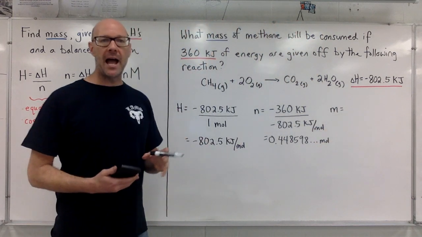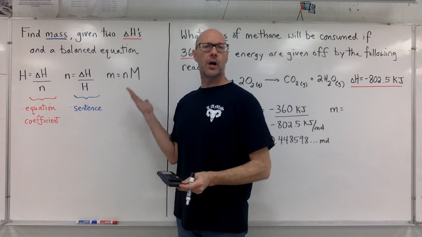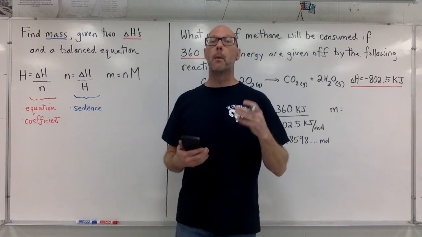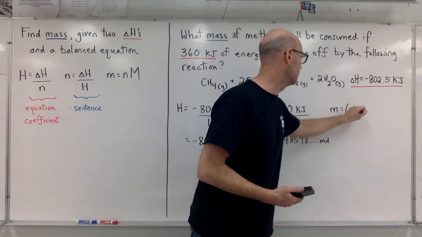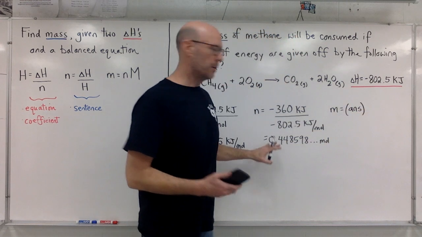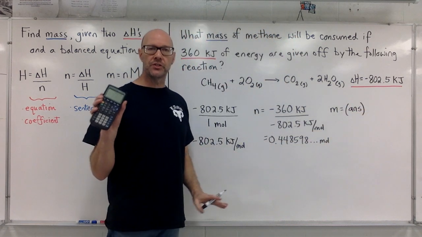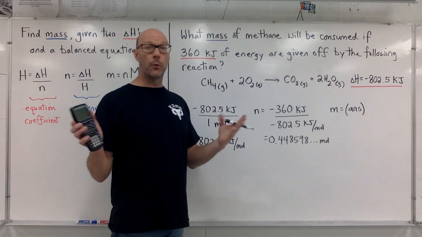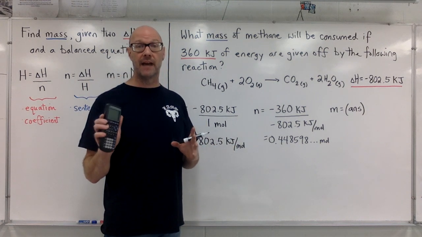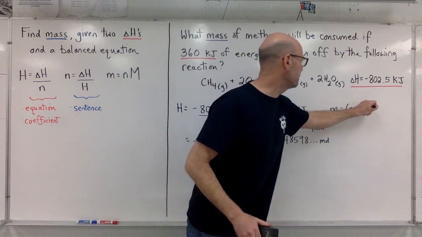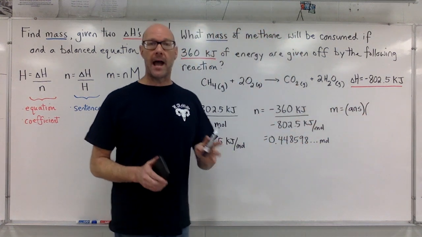Finally, the mass is the moles, our answer, multiplied by the molar mass. The moles is this answer that's still just sitting on my calculator screen. I don't want to round it off or do anything to it. I want to keep that same unrounded value. And now I'm going to multiply by the molar mass.